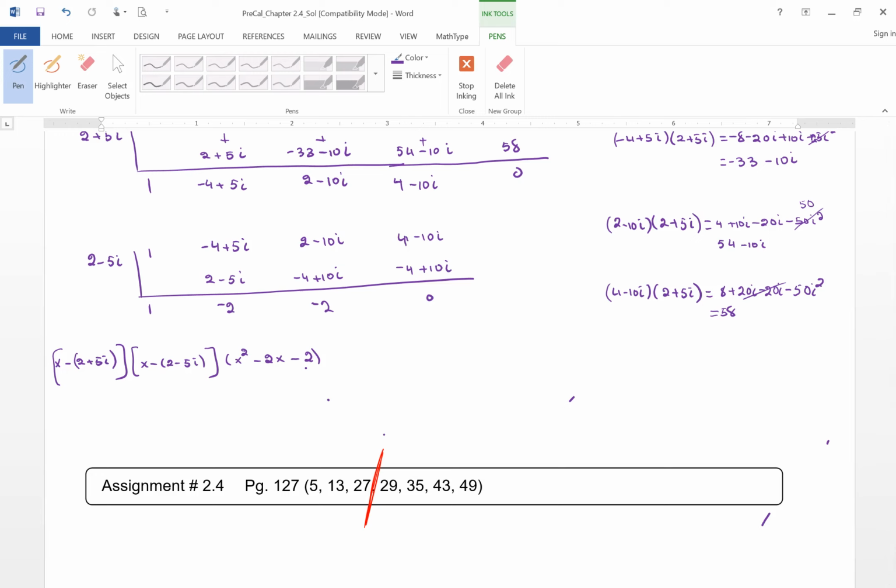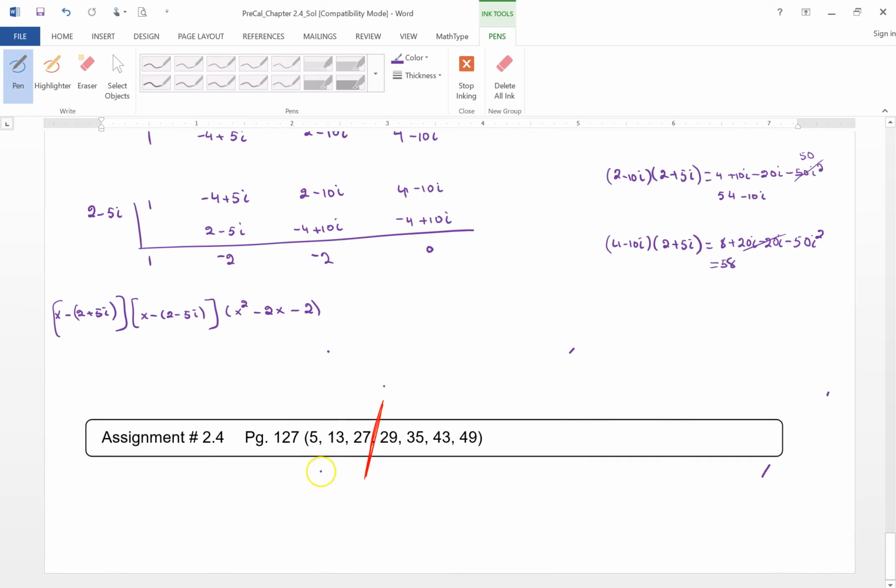This one, though, the negative needs to be distributed. So it's x minus 2 minus 5i, x minus 2 plus 5i, and x squared minus 2x minus 2. Now, these are the factors, and I have an irreducible quadratic factor in there. Can you factor x squared minus 2x minus 2? It can't be factored. So how are you going to find the zeros?